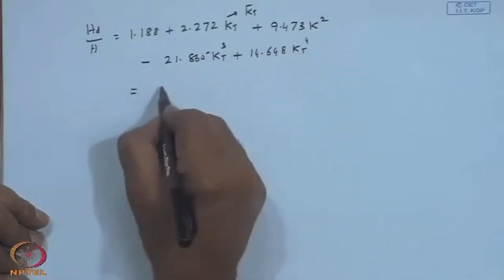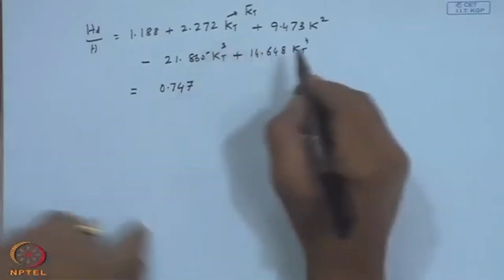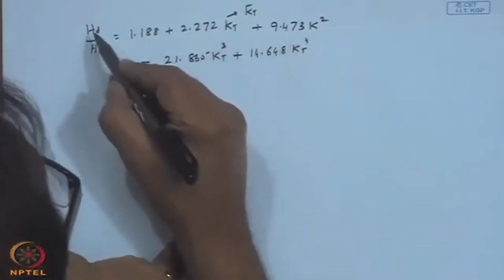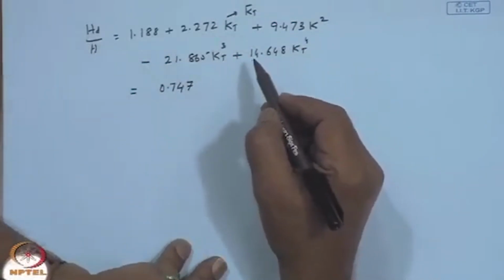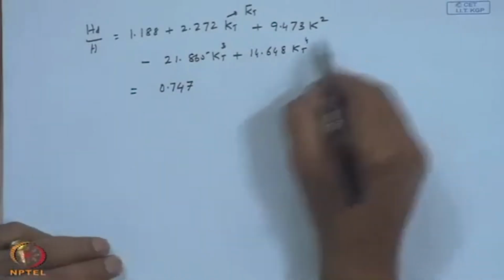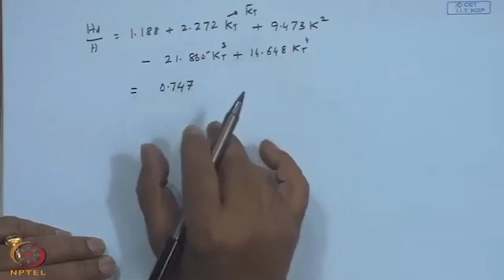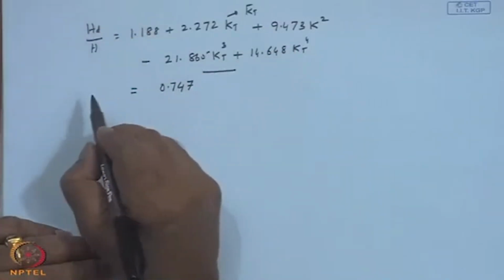This comes out to be 0.747. These things I am writing again and again, because if I just say h d by h is equal to 0.747, you may not be knowing which relation I have picked up. So, this is at the expense of little repetition, but then I suppose it is for the clarification, and you will, by the end of the course, you should remember looking at the relation.